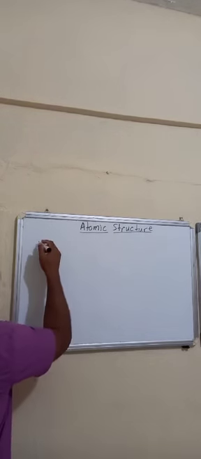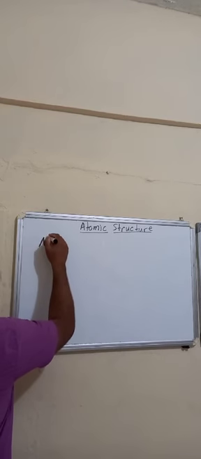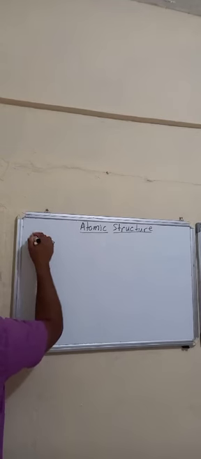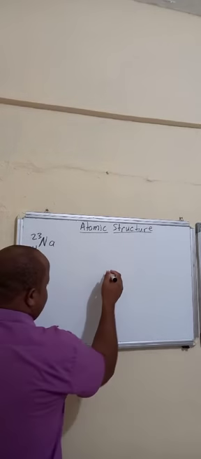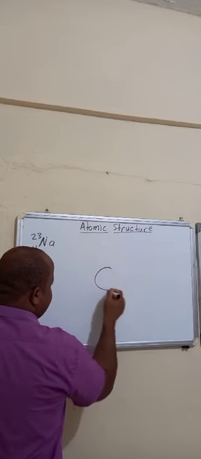So now we're going to draw the structure of certain elements, the atoms. Okay, so we're going to start off with sodium. The symbol for sodium is Na. We know that the atomic number is 11 and the mass number is 23. So remember we said that the atom has a central nucleus.